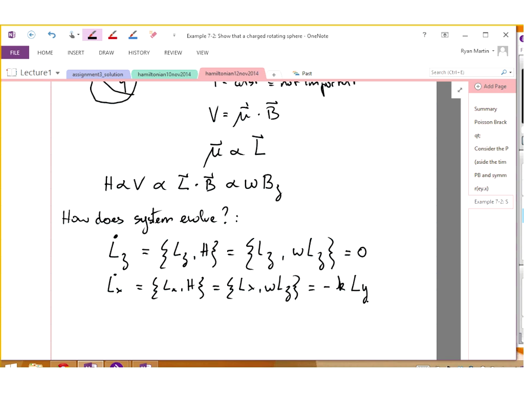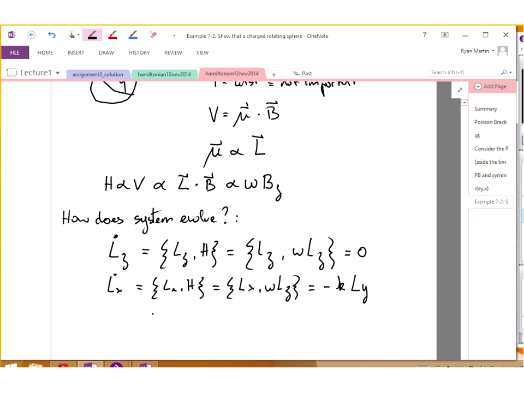So fx for Lx in principle is minus Ly, and maybe it has some constant in it. Presumably it has some constant because there's the omega there, just to make the units work, so we don't really care what k is. But this is the generator of the rotation, right? And we already spent some time seeing how different vectors transform under rotations, that you could just take the Poisson bracket with the z component of angular momentum.